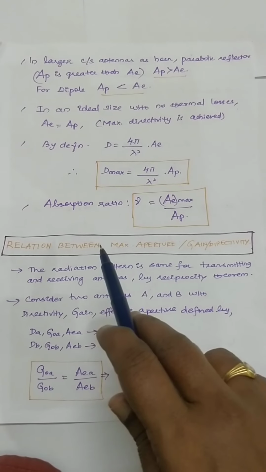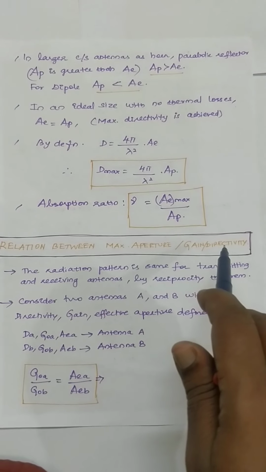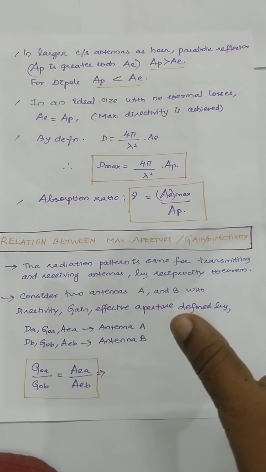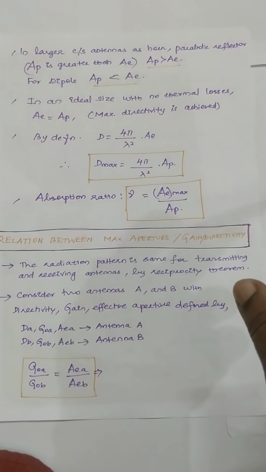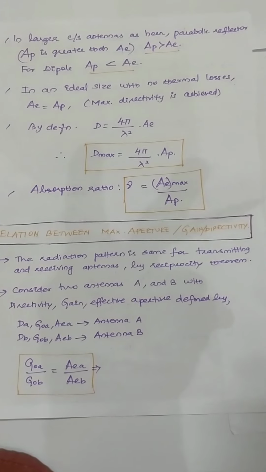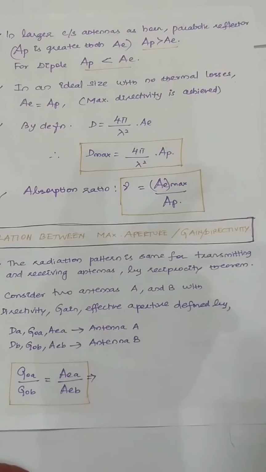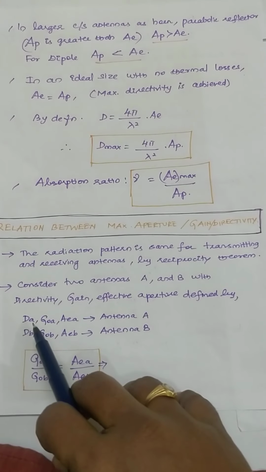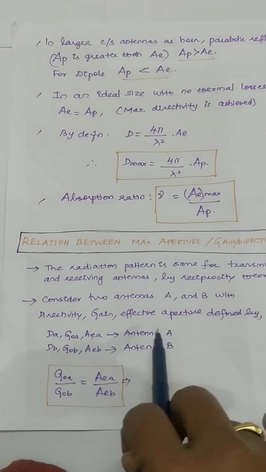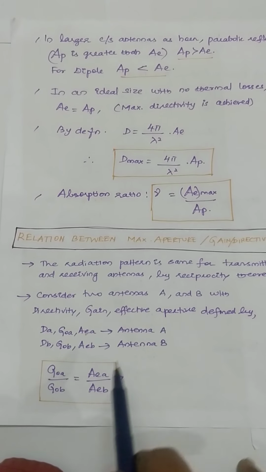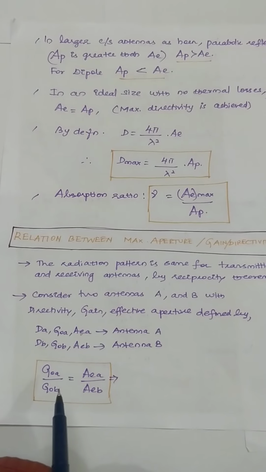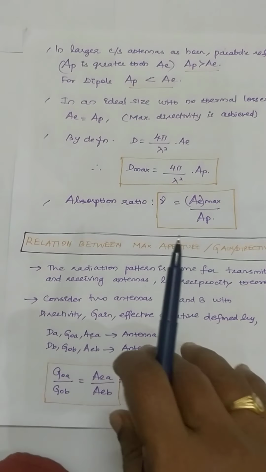So, the relation between maximum aperture, gain, and directivity. The radiation pattern, however, is the same for both the transmitting antenna and the receiving antenna by analysis of the reciprocity theorem. Let us consider two antennas A and B, and their corresponding directivity, gain, and effective aperture are defined with respect to antenna A and antenna B. By gain and effective aperture correlation, we know that GA divided by GB is equal to AEA divided by AEB.